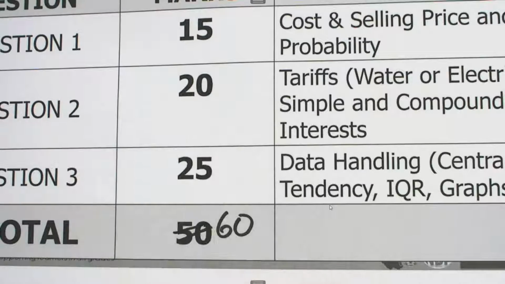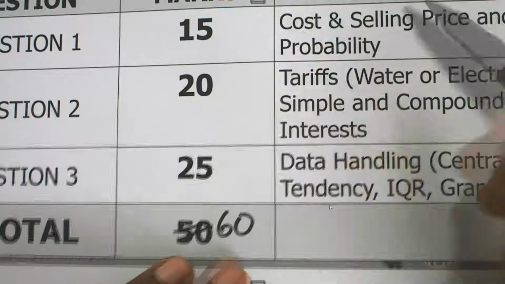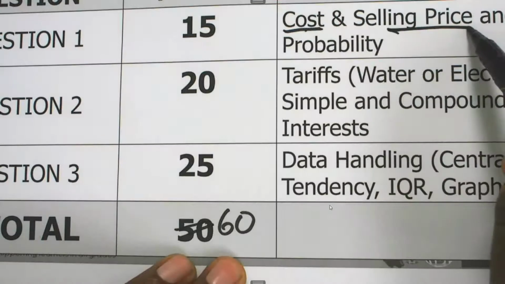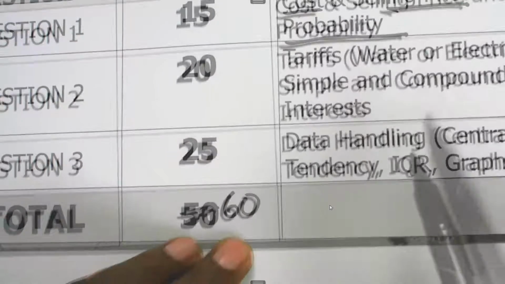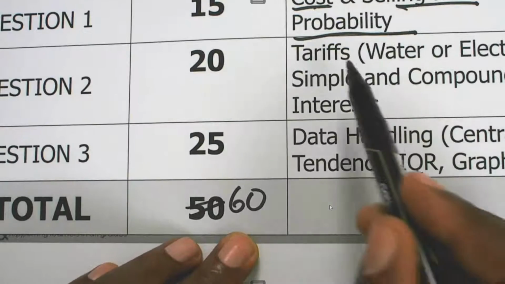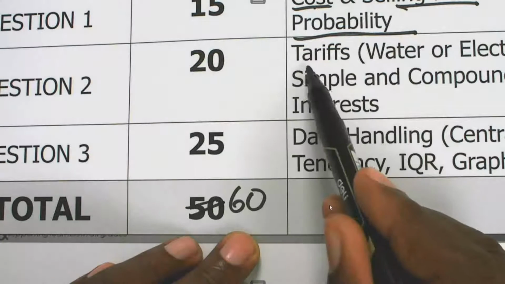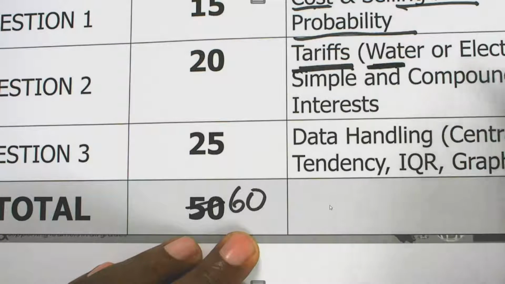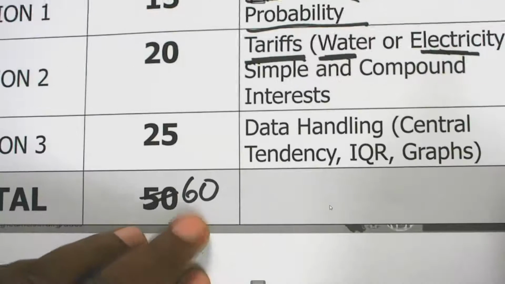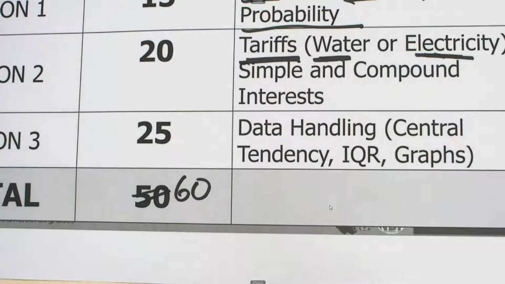Question 2 will be 20 marks of tariffs. And question 3 will be 25 marks of data handling. Don't forget cost and selling price, go and practice it, and probability under finance also. And for the 20 marks, go and practice the tariffs, water or electricity. I've scaled it down. For the test, look at water and electricity only, okay?